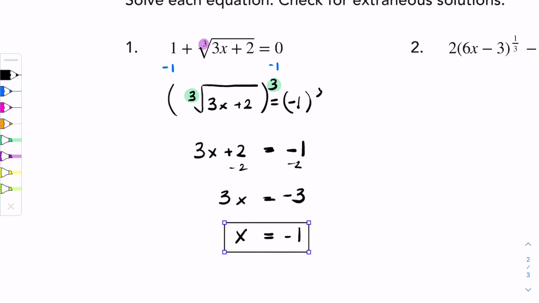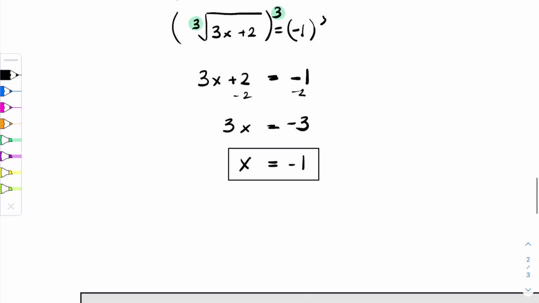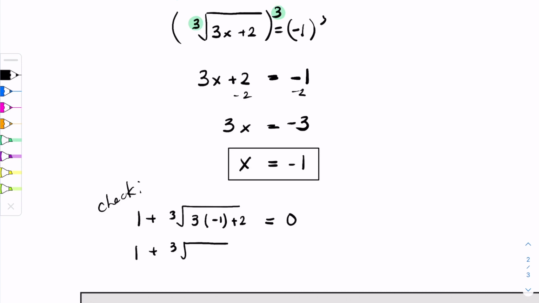And just like with square roots, you do have to check for extraneous solutions. So when we check for this, we substitute negative 1 into the original equation, giving us 1 plus the cube root of 3 times negative 1 plus 2, and this is equal to 0. 1 plus the cube root of negative 3 plus 2 equals 0. 1 plus the cube root of negative 1 equals 0. 1 plus negative 1 equals 0.